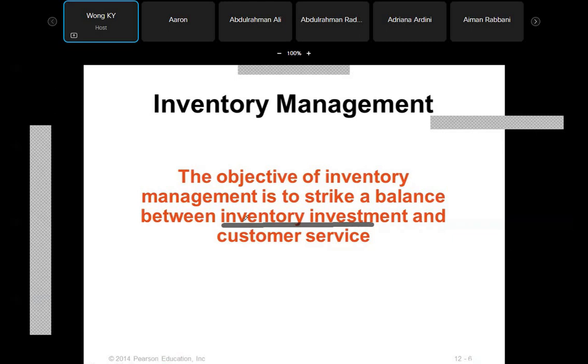So that is known as inventory investment, meaning how much quantity and cost we have to invest in the inventory. And customer service basically means fulfilling the customer order or customer demand. Right? So the objective of inventory management is to strike a balance between how much inventory we need to have, and the cost of keeping the inventory, with fulfilling customer demand or customer orders.